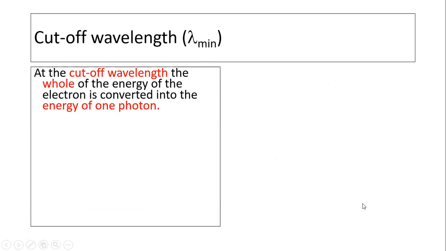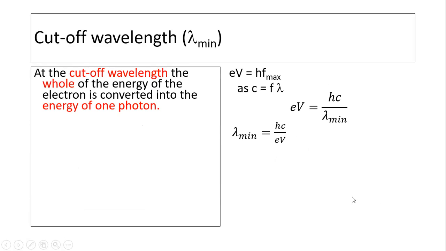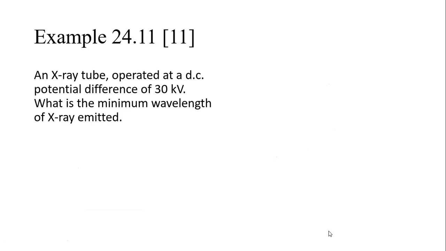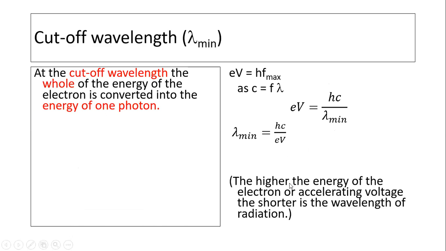At cutoff wavelength, the whole of the energy of the electron is converted to energy of photon. Okay, I'm just repeating, that's all. In case you can't see the conversion, right? Take this up, take this one down. So that's why it's saying the higher the energy of the electron, that means the higher this accelerating voltage or higher energy, then this will be the smallest wavelength, shorter wavelength.